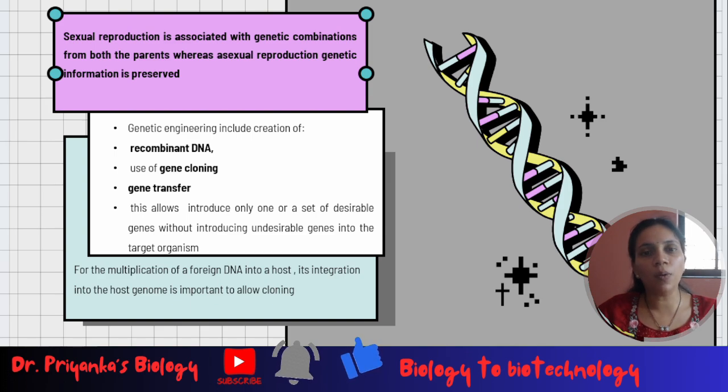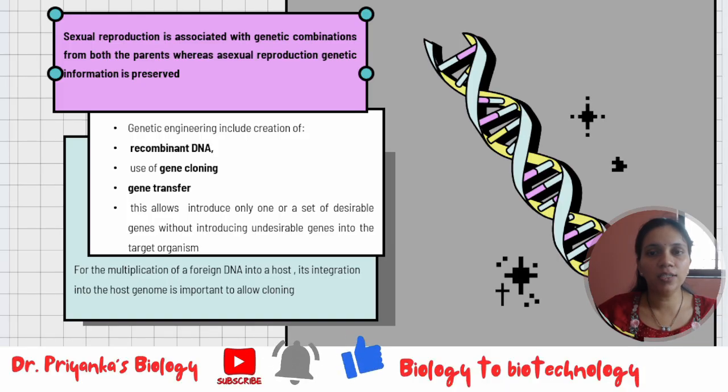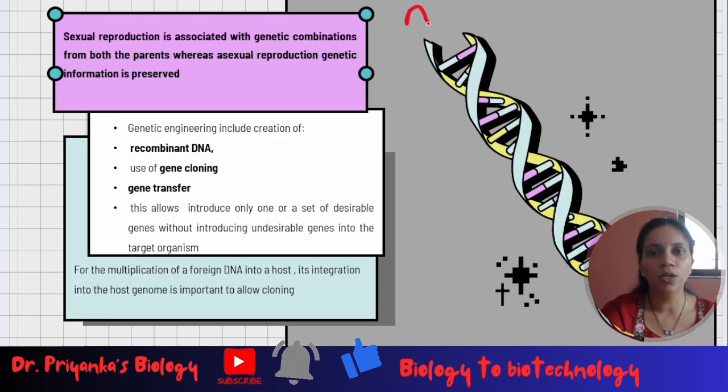Now when we talk about genetic engineering, it basically involves very specific work. For example, let's take one example. You have alphabets from A to Z, right? There are different alphabets involved over here.